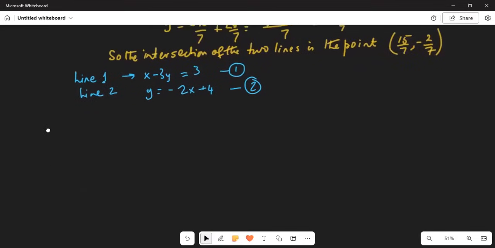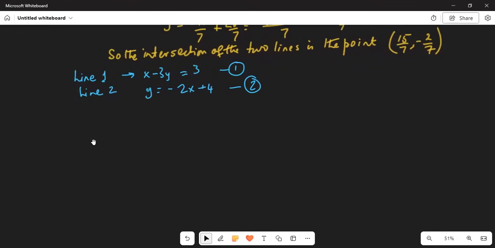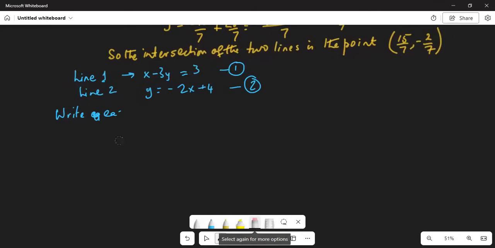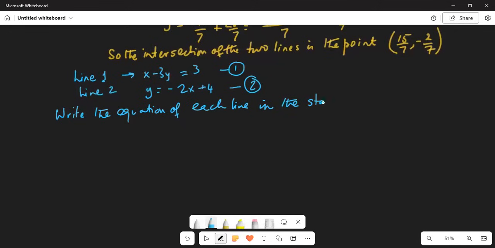So I will write the equation of each line in the slope-intercept form, y equal to mx plus b.